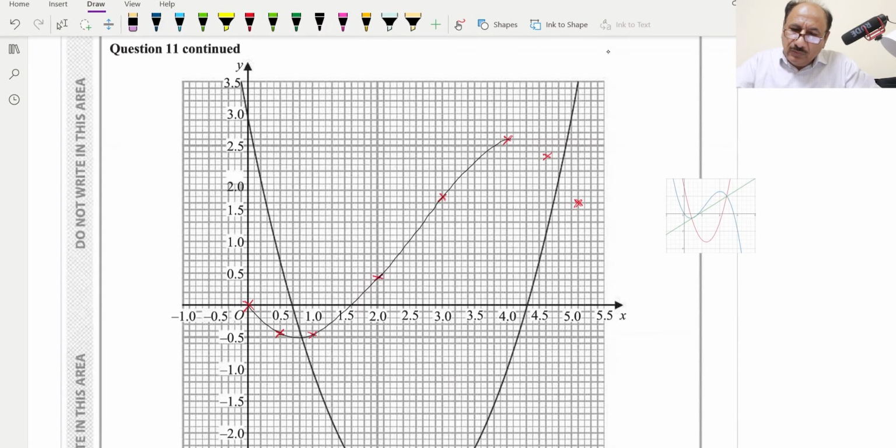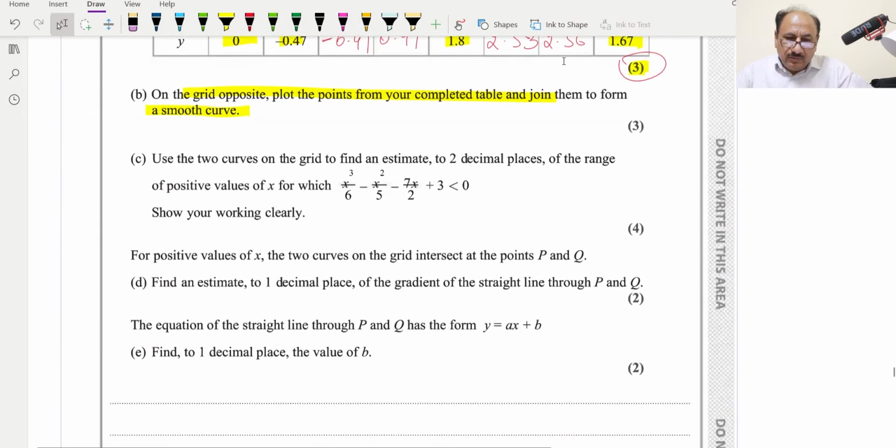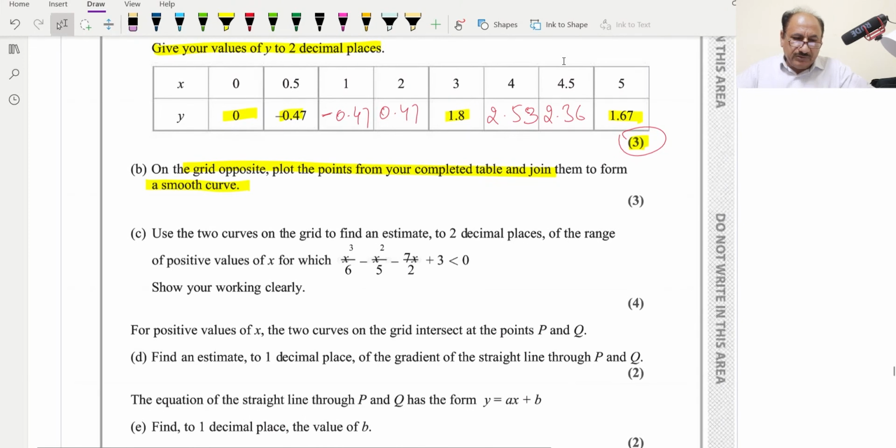So this will be like a smooth curve which we have drawn. There should not be a double line and everything should be finely done. Now this is what we have done for the B part, which is done.